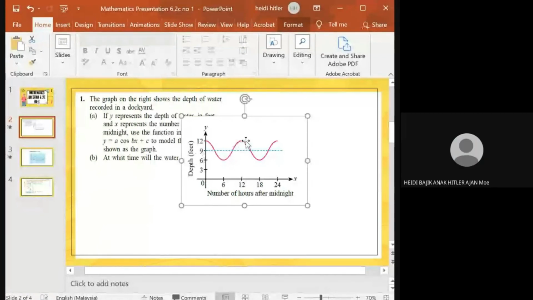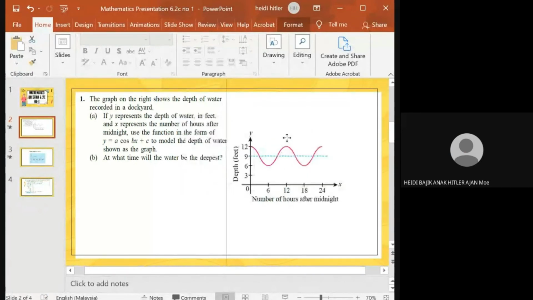So when y equals 12, you can see here there are 3 points. Here, here, and here. So when y is equal to 12, x is equal to 0, 12, and 24. So that is the time when the water will be the deepest.